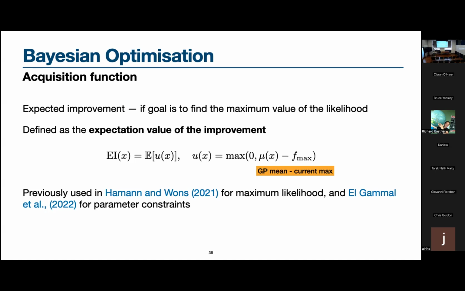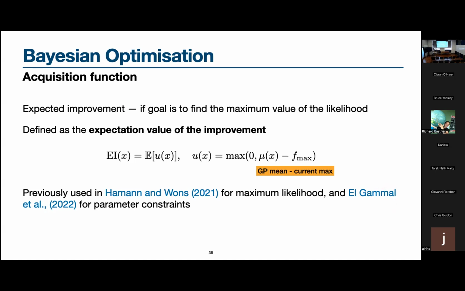Previously, Jan and Ulyss used it for maximum likelihood analysis of Planck data for feature models, and it worked quite well. It's also been used in this other paper, again for cosmological inference, but for the purpose of parameter constraints.